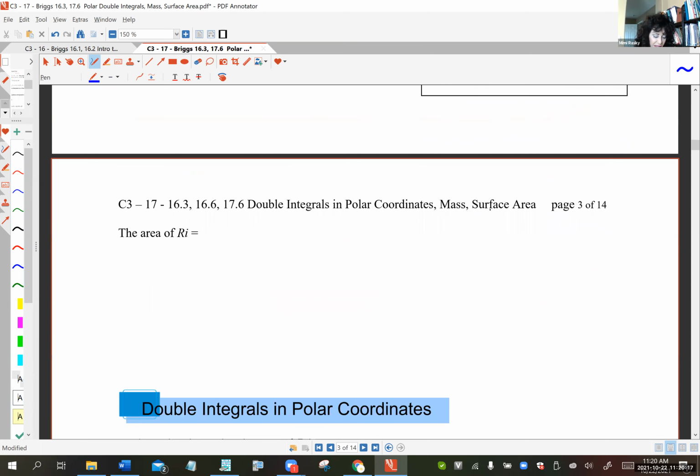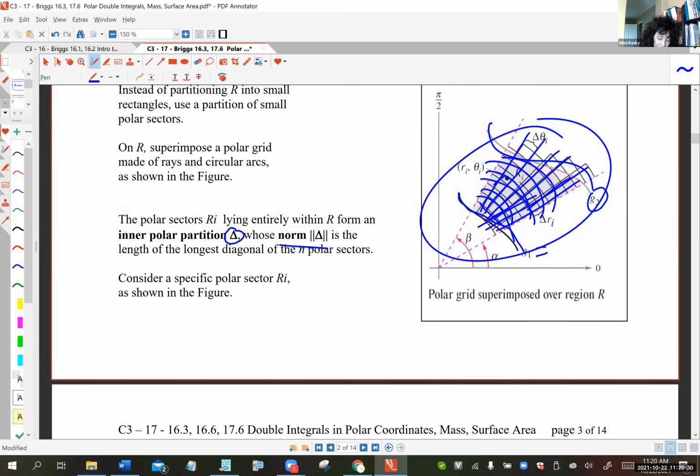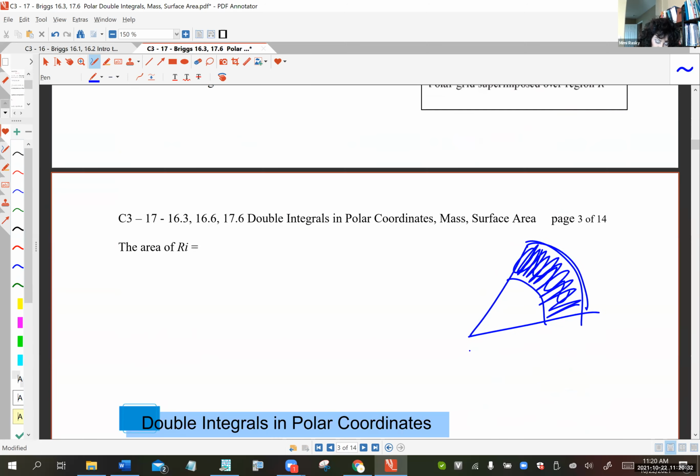instead of that, let's go back to our slice of pizza. What if you had to figure out this area here, which is sort of looking like this area here? Let's say you had an outer radius, we'll call it R, and then you had an inner radius, little r.